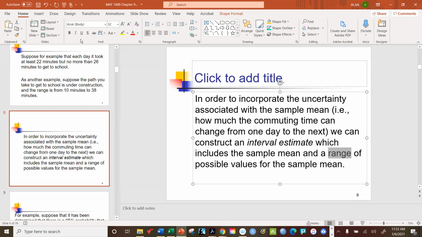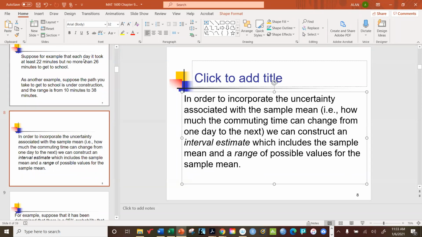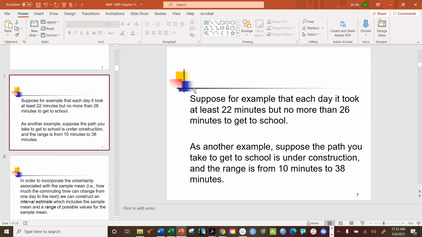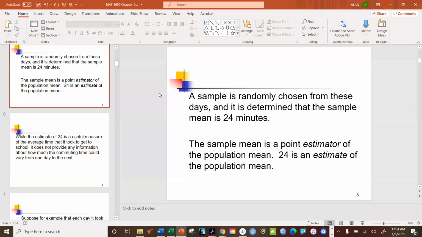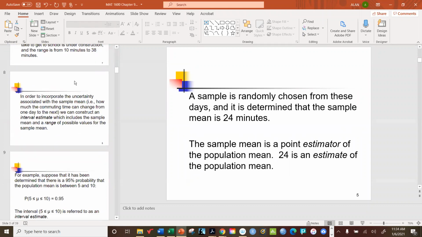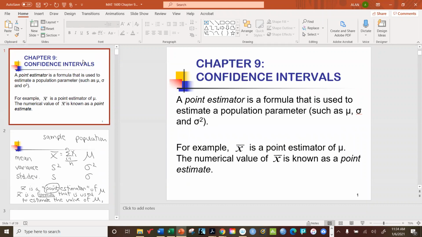This way you have more information than if you were simply told that the mean is 24 minutes. Now you can make a distinction between the case where the commuting time is almost identical every day, and the case where it can be very different from one day to the next. So that's the purpose of this chapter. We're going to be looking at a specific type of interval estimate, known as a confidence interval.